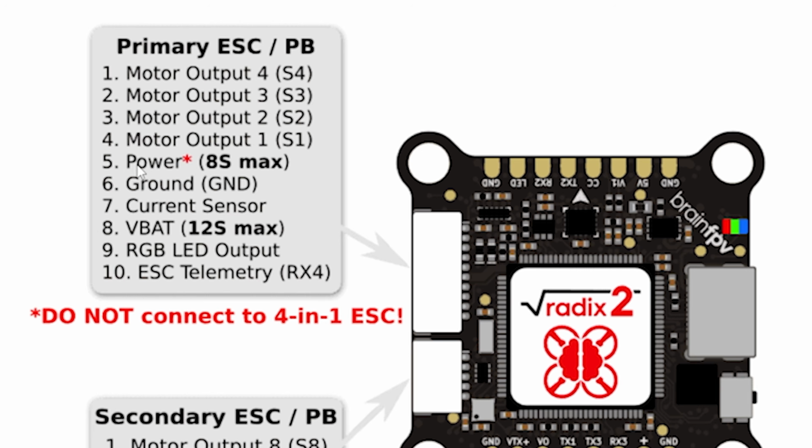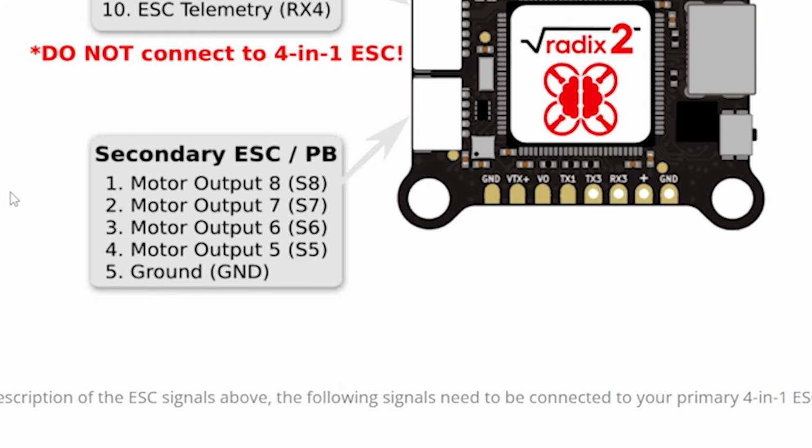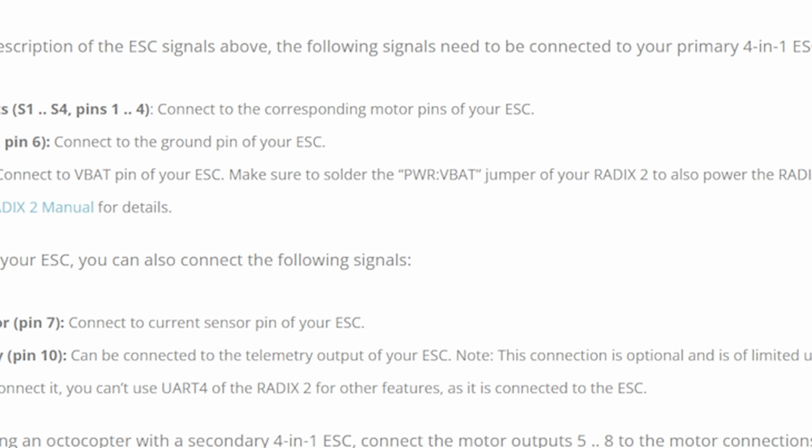But in this case, we could power the Brain FPV Radix from 8S, but we could have voltage sensing up to 12S. And depending on the status of the power VBAT jumper, those might be the same thing or they might not. So make sure to read the documentation of your flight controller to see what the maximum input voltage of the flight controller is, and just to confirm that VBAT input is also voltage sensing, or whether voltage sensing and power input are a separate function.